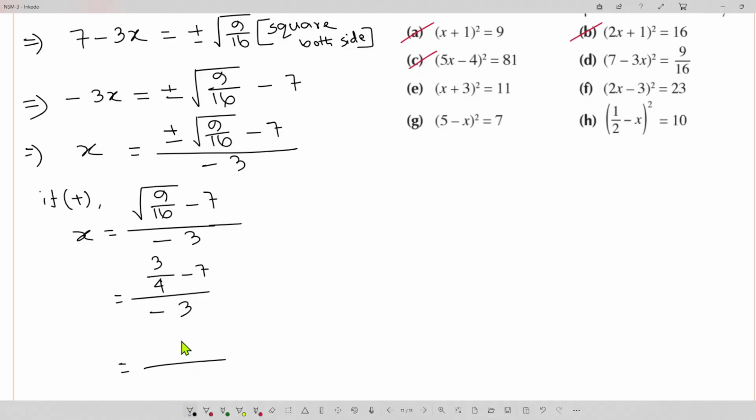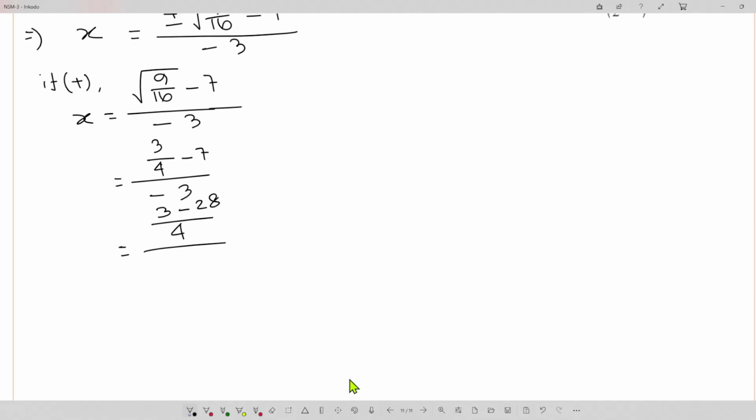Now we make the LCM 4: 3 minus 4 times 7, which is 28, right? And here it is divided by minus 3. Now 3 minus 28 is minus 25 by 4, divided by minus 3.